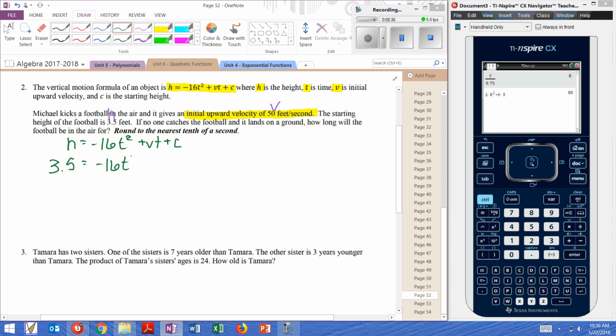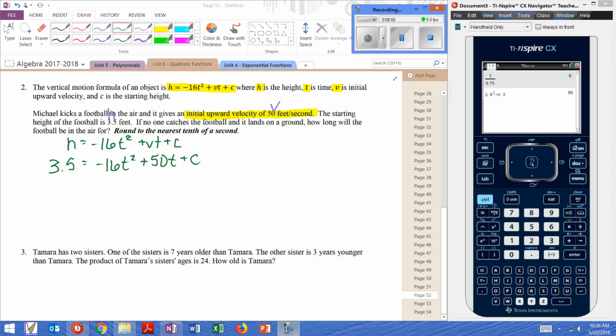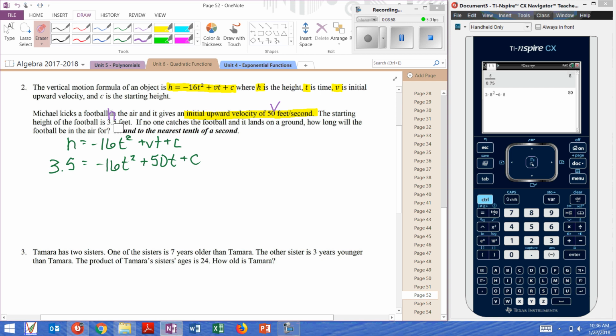Everything else stays the same until we get to v, which is 50 t, and then plus c. And you know what? I am actually not being very careful because that was not h, silly Mrs. Ruscio. That was actually c. So let's fix this.